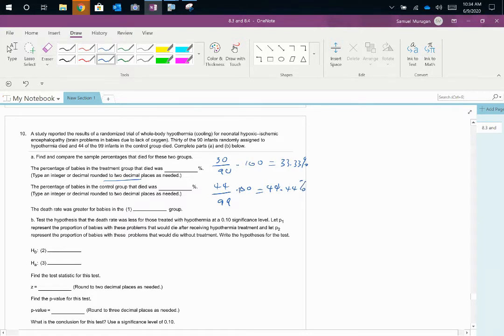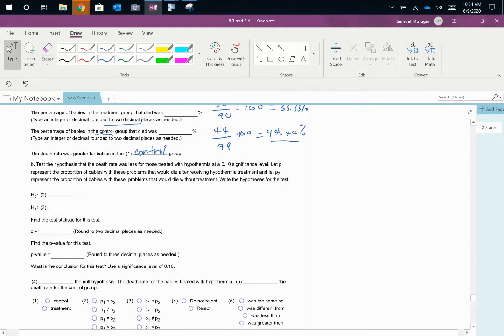Okay, they're taking percentages here, so multiply by 100. So the death rate was greater for babies in which group? In the control group, yeah. The control group had a higher percentage.